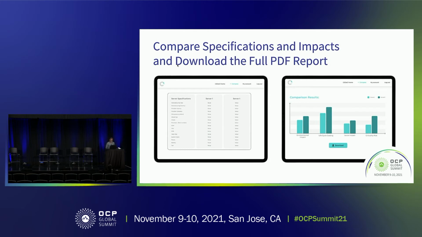And then once you have used the default data from the various components, you'll see results and impacts, and you'll be able to download a PDF report, but you'll also see a snapshot. Now, what we have done is to disaggregate results, so into environmental impact, economic impact, and social impact, and then finally the criticality indicator.